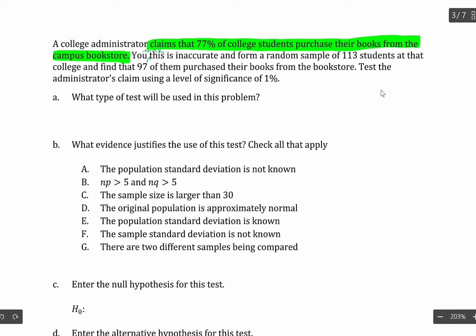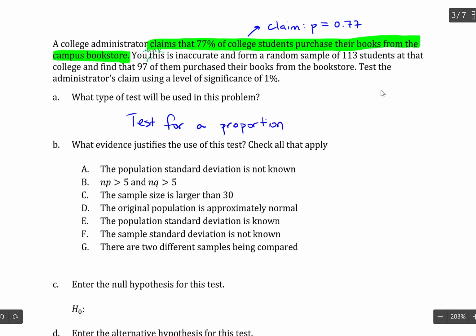If we parse out the information that's really needed, the claim is that the percent of all the college students at the campus that purchase the books in the bookstore is equal to 0.77. So this is a percentage that we are testing. In statistics terms, that is a proportion. So this is going to be a test for a proportion.